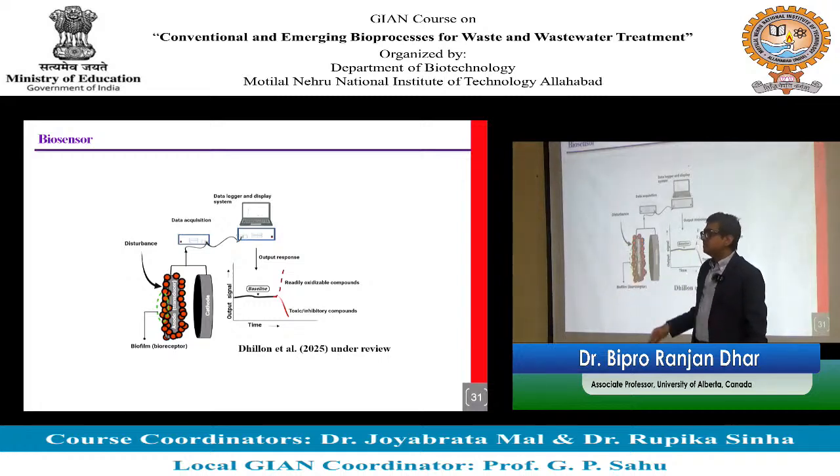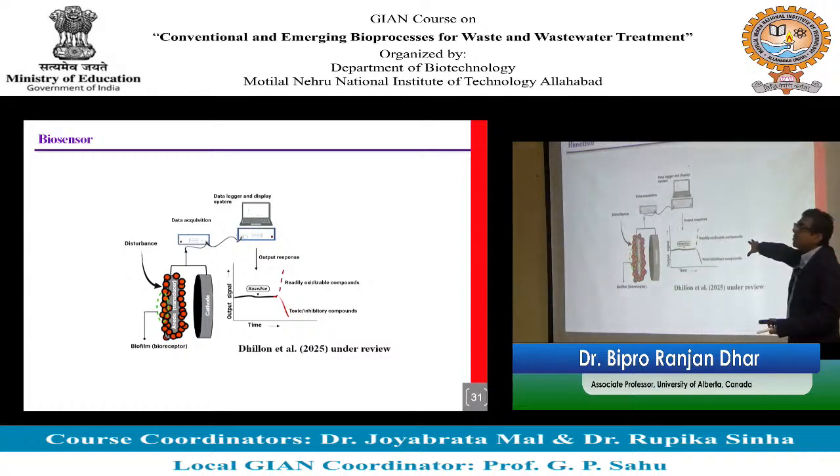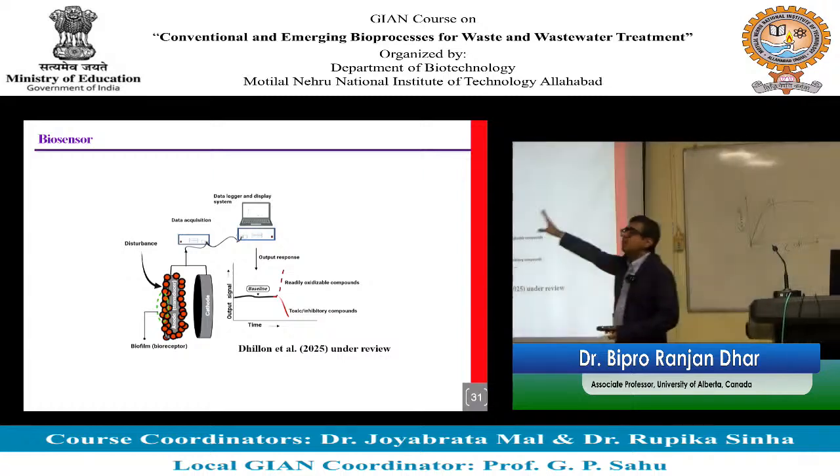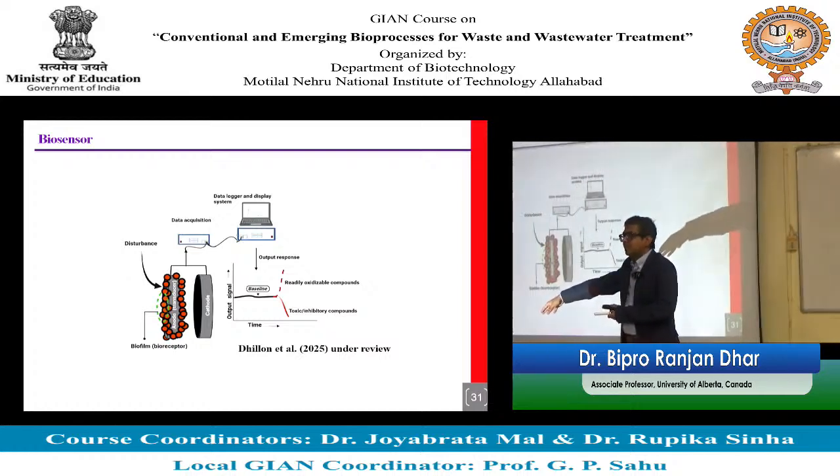Because our job here is to detect a toxic compound. If you are targeting a toxic compound, current is going to decrease. But let's say you want to see whether BOD is increasing or not. Say I put this kind of system in the effluent line where I am discharging my treated wastewater into a river.